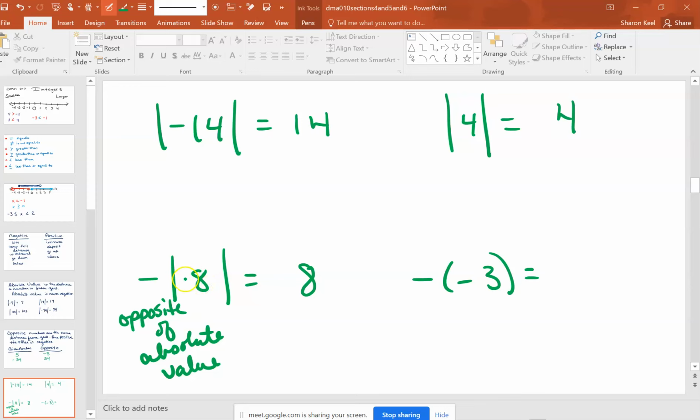So the answer for this is 8, but the opposite of that would be the negative 8. For this one, this means what is the opposite, and this is a parenthesis, not absolute value. What is the opposite of a negative 3? That would be a positive 3.